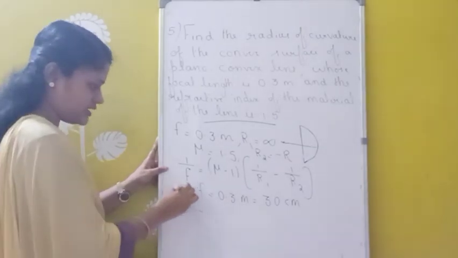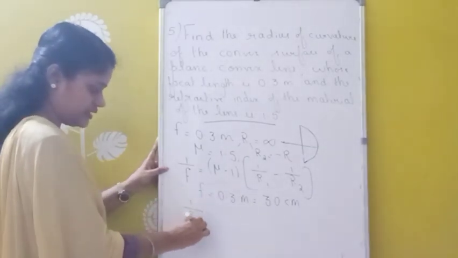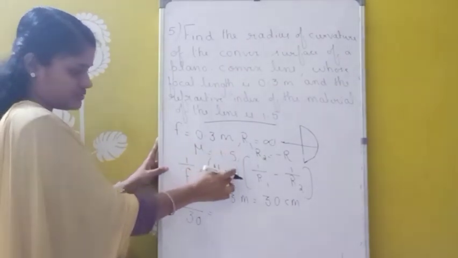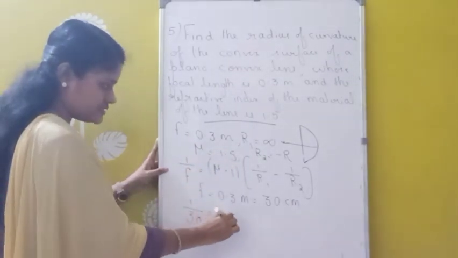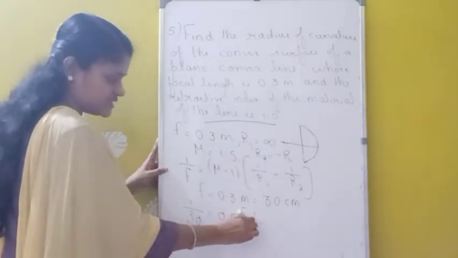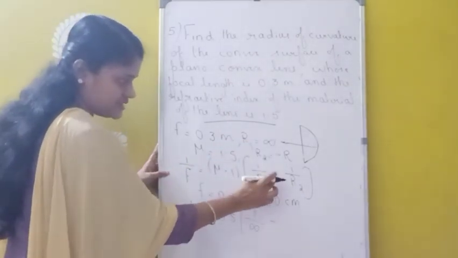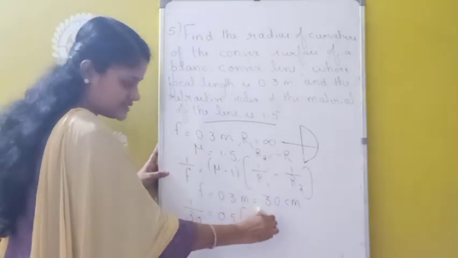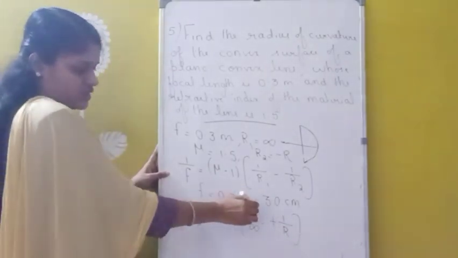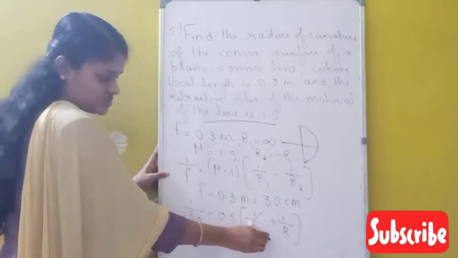Now substituting here: 1 by focal length, 30, equals mu minus 1. Mu is 1.5, so 1.5 minus 1 is 0.5. 0.5 into (1/infinity, instead of r1 we put infinity, minus, and this minus and this minus become plus) plus 1/r. The value of 1/infinity is 0, so this becomes 0.